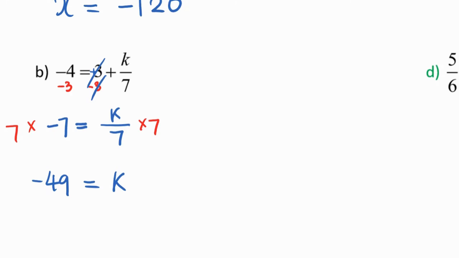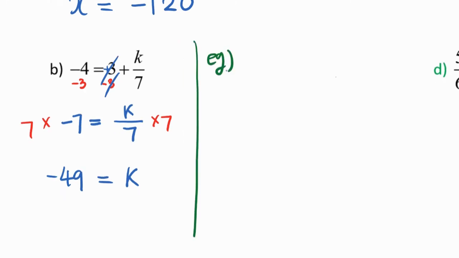Okay. I'm going to give you an example because some students are very confused with this. Okay, say I have negative 4 equals 3 minus k over 7. Some students think this negative sign belongs to this 3, which is not true. This negative, this minus, belongs to k over 7.